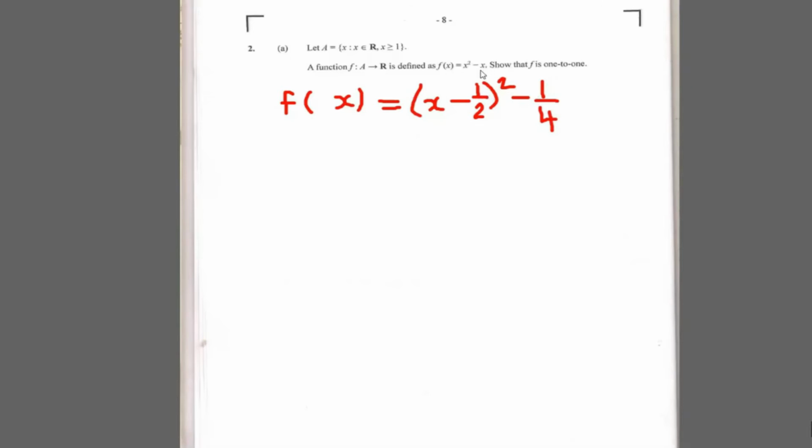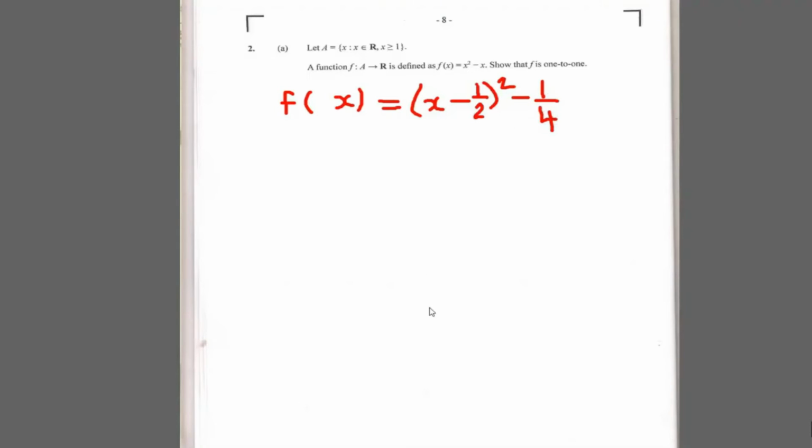All right. If you don't agree, minus b divided by 2 times a will give you the turning point. So the turning point is a half, minus a quarter.